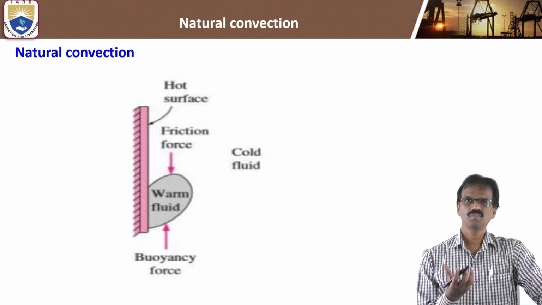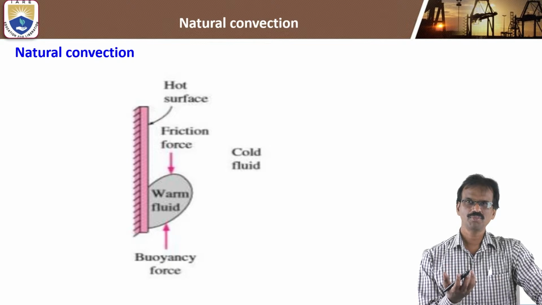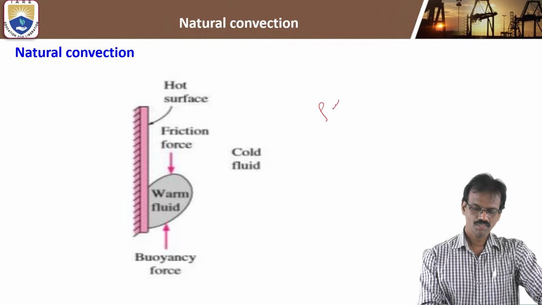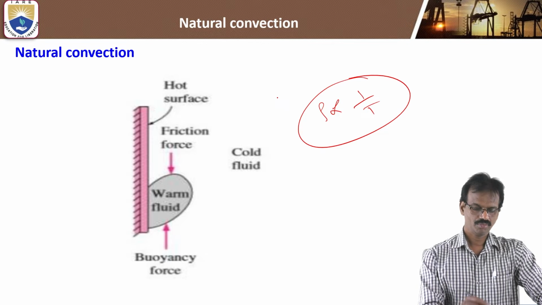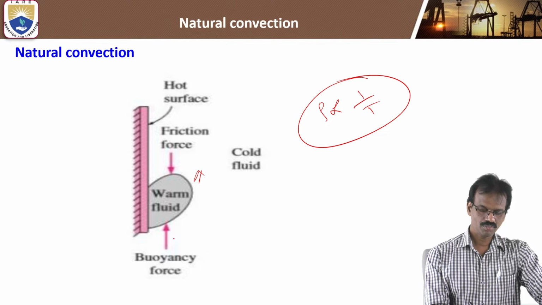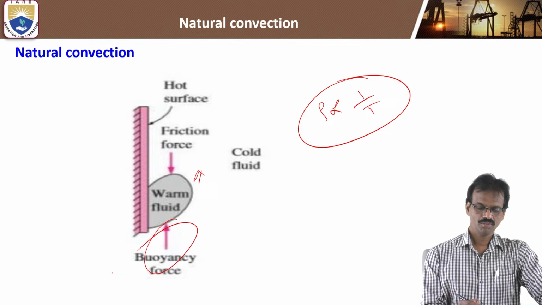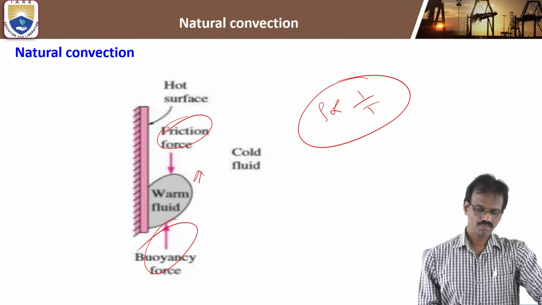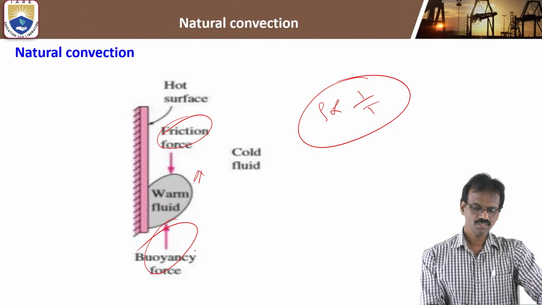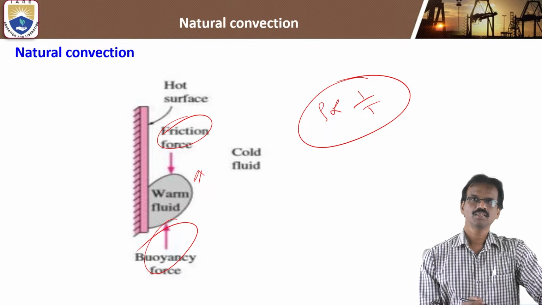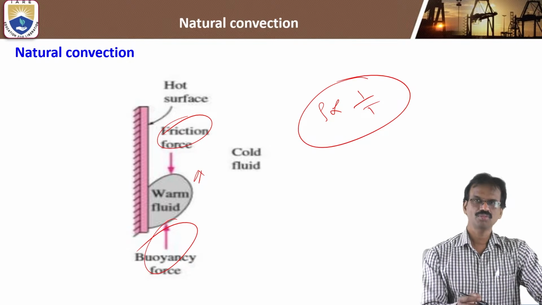When the particles take the heat, the density of those particles decreases, because density is inversely proportional to temperature. The less dense particles move in the upward direction because of the buoyancy force, while some frictional force opposes them in the downward direction. Here the buoyancy force is greater than the frictional force, so automatically the less dense fluid particles move upward.